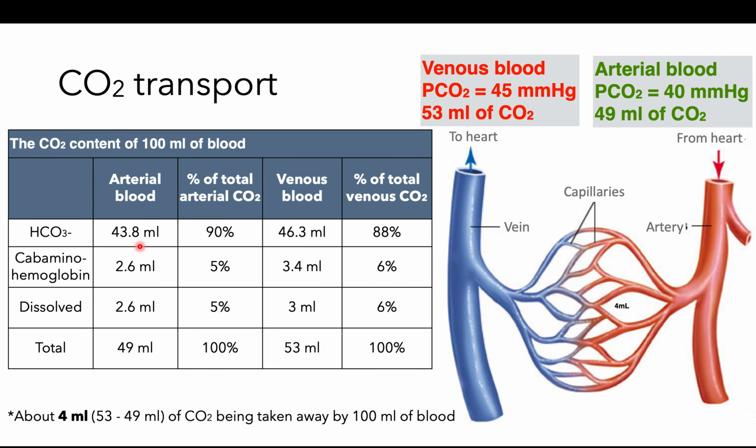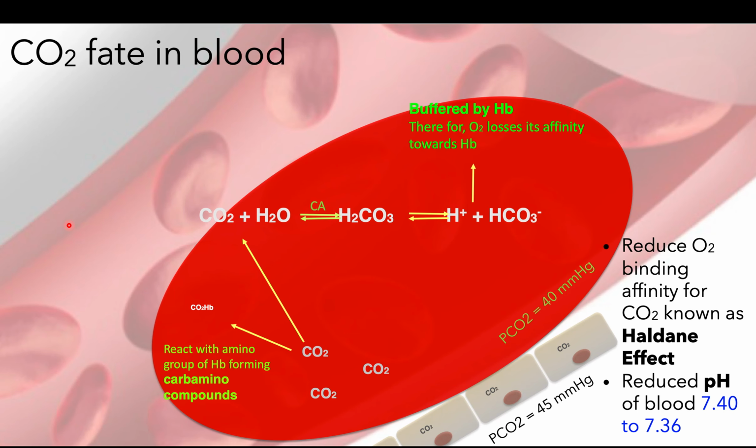Okay, so in this table, it's going to show you these three transportation options, ketiga method tadi, which one carries the most carbon dioxide? So it's actually as a bicarbonate. Alright? Okay.